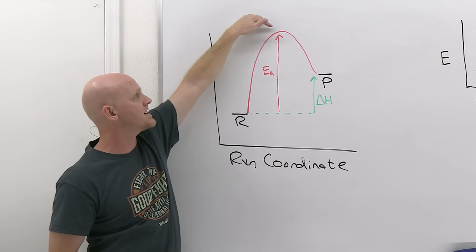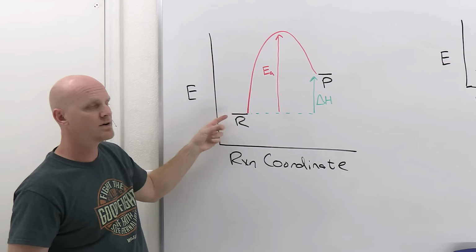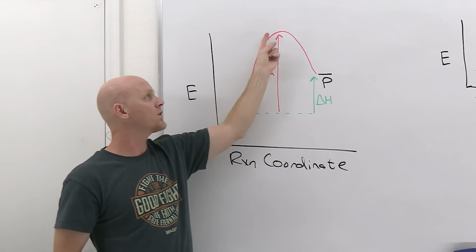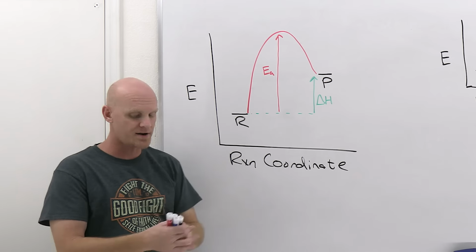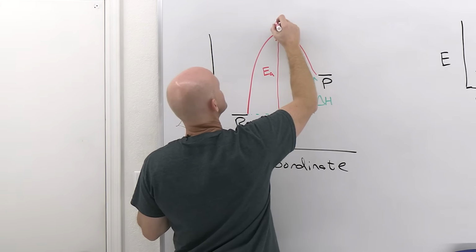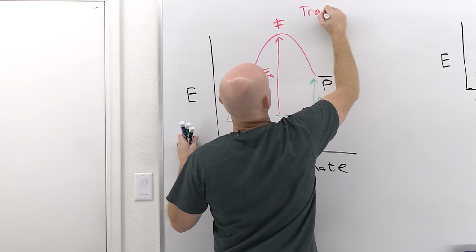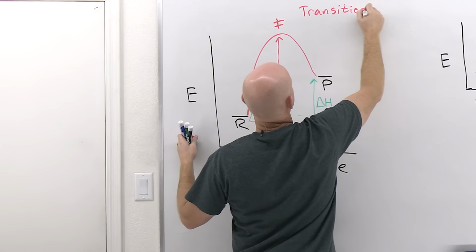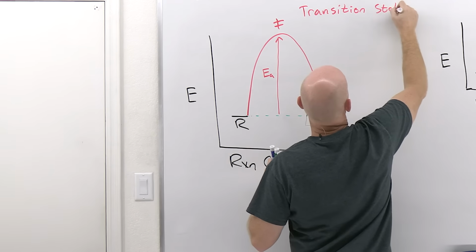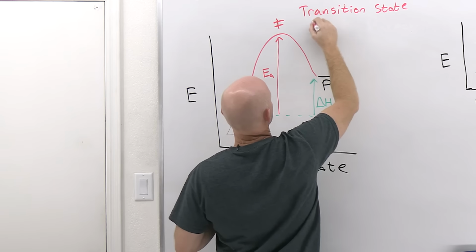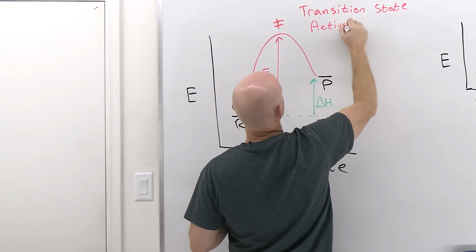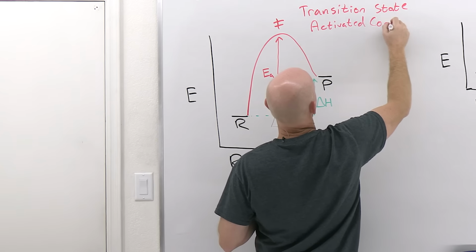Once you get there, you have a chance to either fall back down, turning back into a reactant, or go forward and turn into a product. And we call this the transition state, which we abbreviate with this double dagger symbol. And sometimes that is actually referred to as the activated complex.